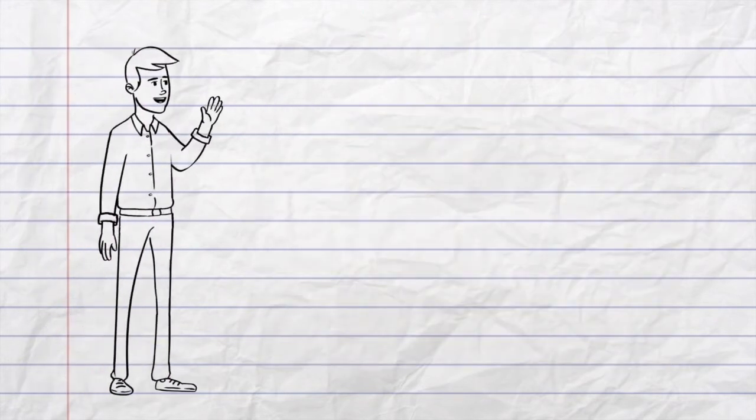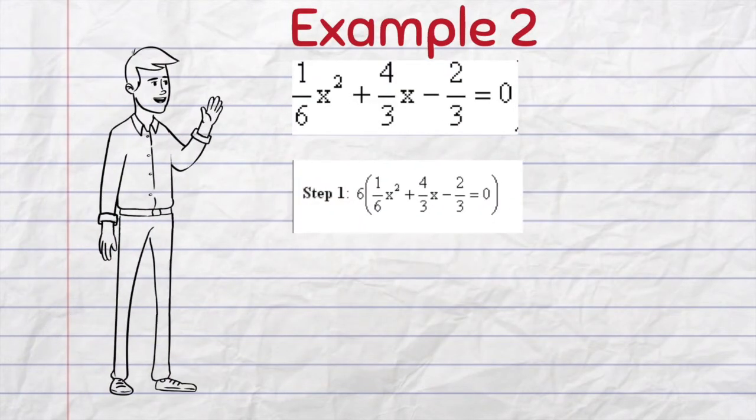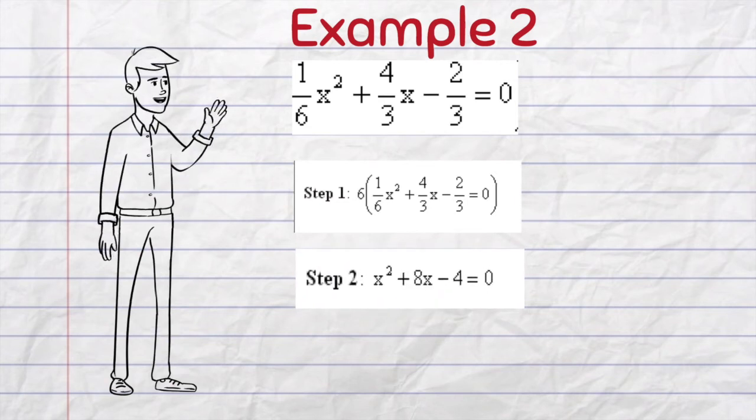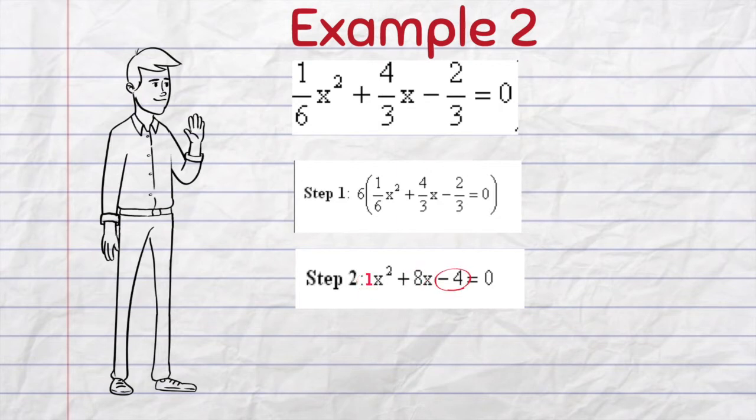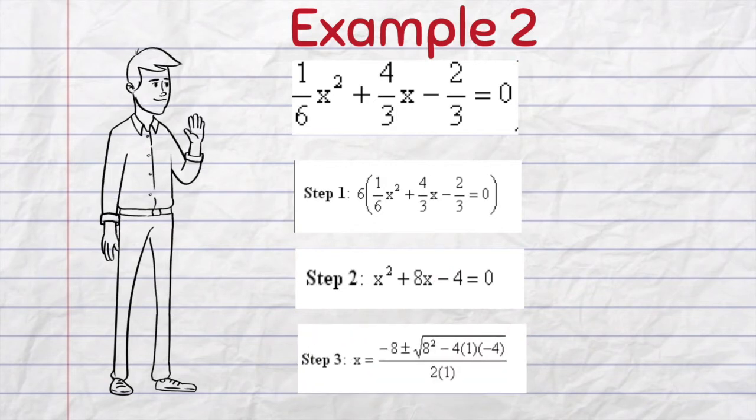For example number 2, multiply 6 inside the bracket to make it simpler, and we get x squared plus 8x minus 4. So we can now identify a, b, and c. A is 1, b is 8, and c is minus 4. Plug a, b, and c into the quadratic formula. We get x equals minus 8 plus minus the square root of 8 squared minus 4 times 1 times minus 4, all over 2 times 1.